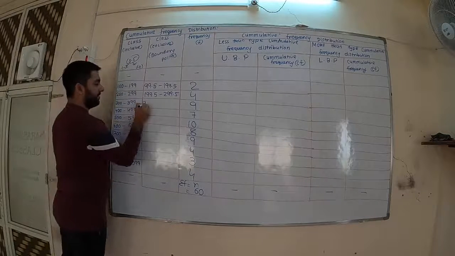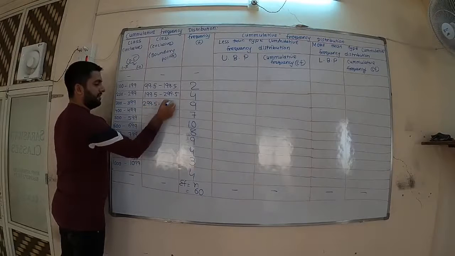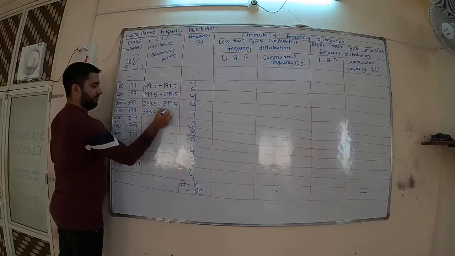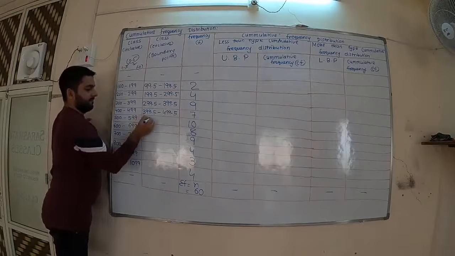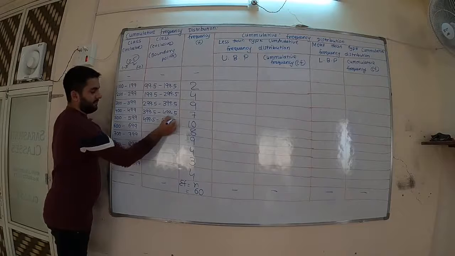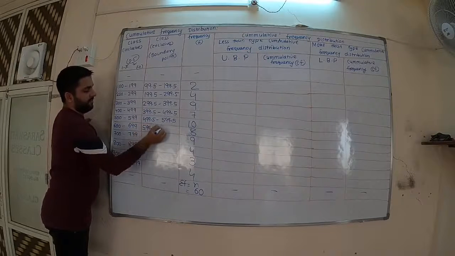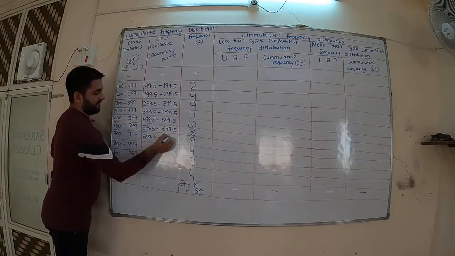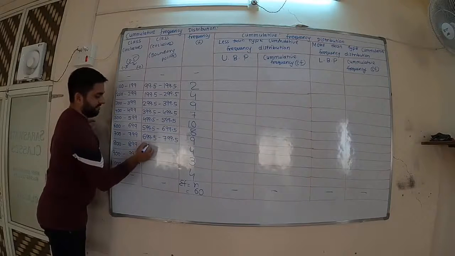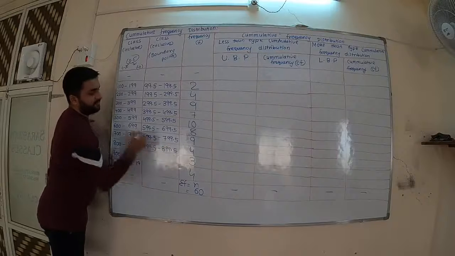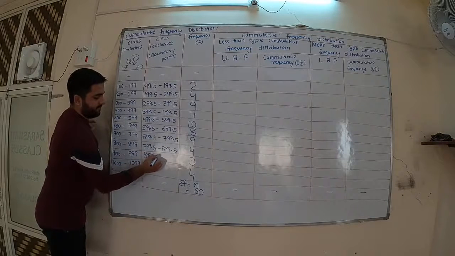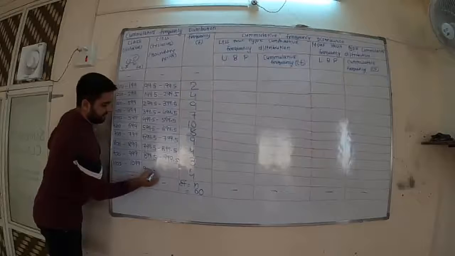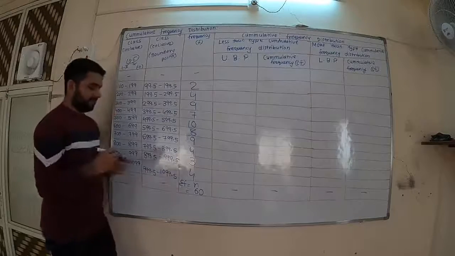Now the flow will go 299.5 to 399.5, so the gap will always be 100. 399.5 to 499.5, 499.5 to 599.5, 599.5 to 699.5, 699.5 to 799.5, 799.5 to 899.5, 899.5 to 999.5, and 999.5 to 1099.5. The setup is ready.